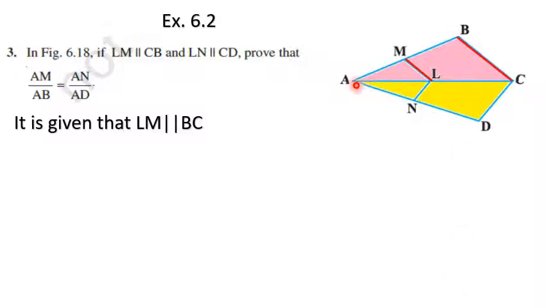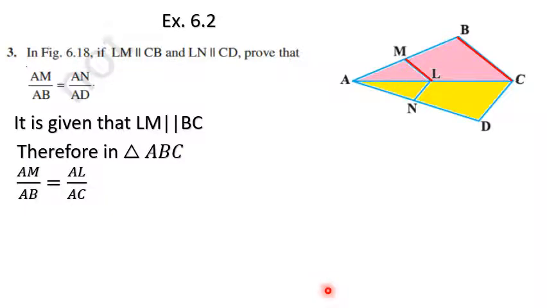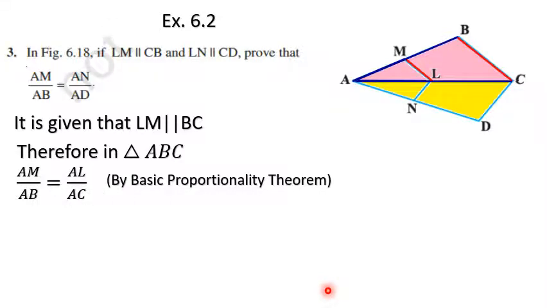So we can say in triangle ABC, AM by AB is equal to AL by AC. The reason is the basic proportionality theorem, and let us mark it as equation 1. Now similarly, it is LN parallel CD.